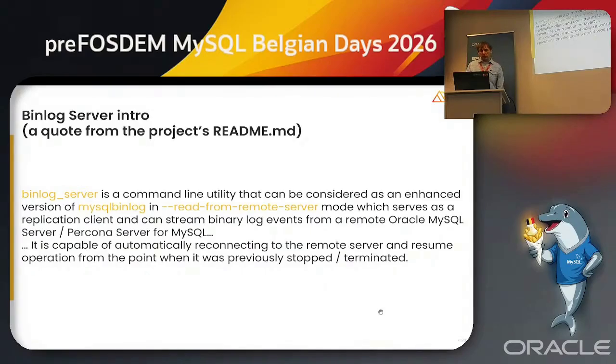It's a command line utility that can be considered an enhanced version of mysqlbinlog run in read-from-remote-server mode, which serves as a replication client and can stream binary log events from a remote Oracle MySQL or Percona Server for MySQL. It is capable of automatically reconnecting to the remote server and resuming operations from the point where it was previously stopped or terminated.